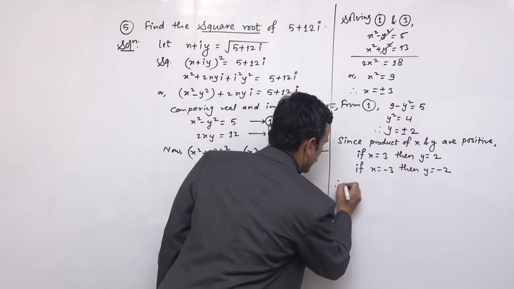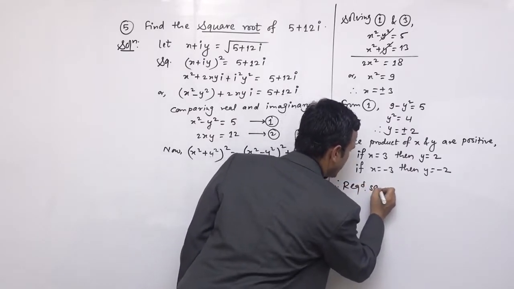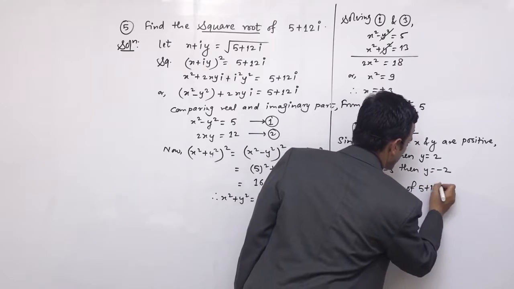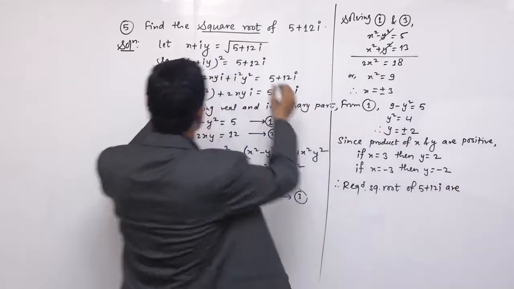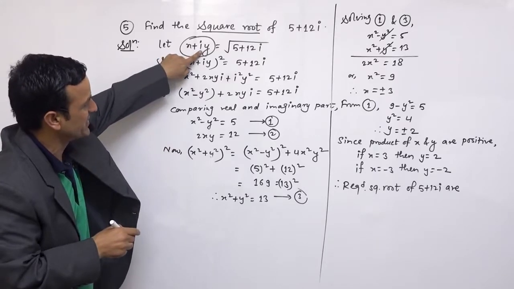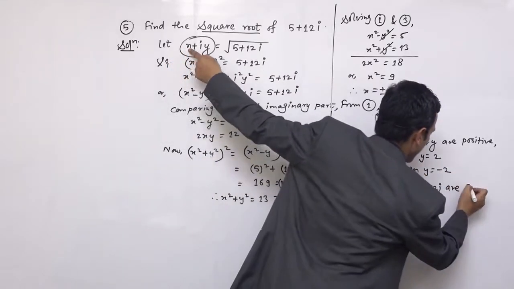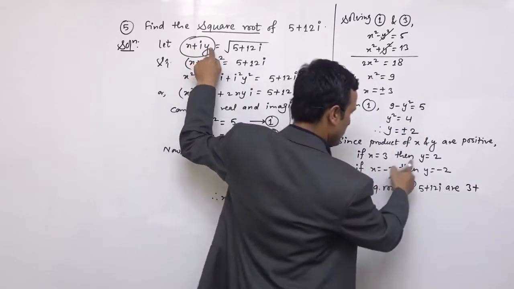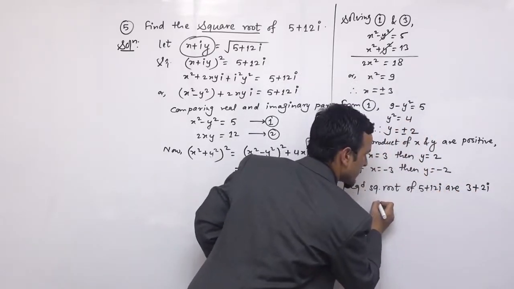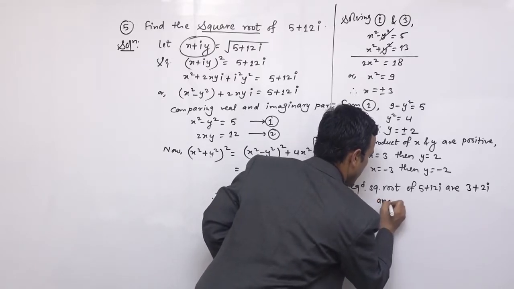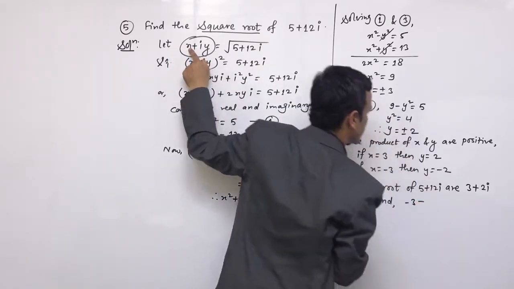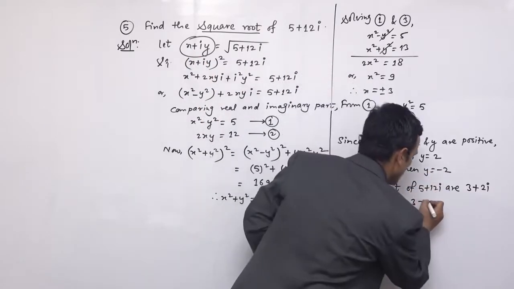So therefore the required square root of 5 plus 2i, so we can put over here, so this is the square root, and if you put the value of x and y here, then we get x को ठाउँमा 3 राख्नु पर्यो plus iy, y को भ्यालु हामीसँग 3 हुँदा y को भ्यालु 2 हुन्छ, 2i, and then x को भ्यालु -3 राख्नु पर्यो, -3 minus y को भ्यालु पनि नेगेटिभ हुन्छ, so it is 2i.